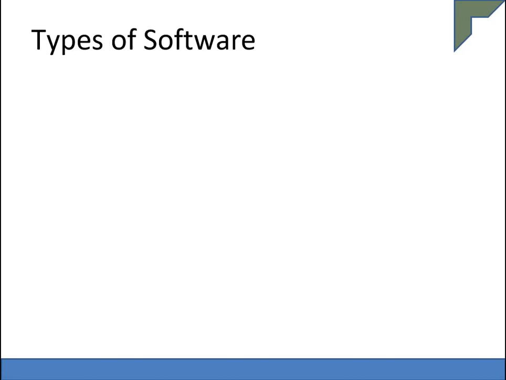Now, what are the different types of software? Application software. I think you know what an application is, because you have been involved in booking tickets online, for movies and all these things, right? These are certain kinds of applications.